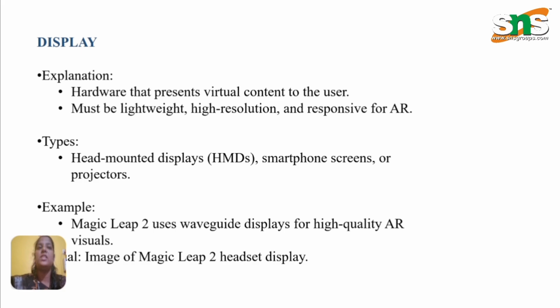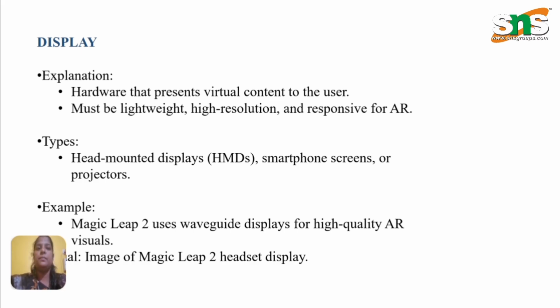For example, Magic Leap 2 uses a waveguide display that shows sharp, colorful virtual images while allowing you to still see the real world around you. So we can imagine the display is what connects your eyes to the augmented layer of digital information.